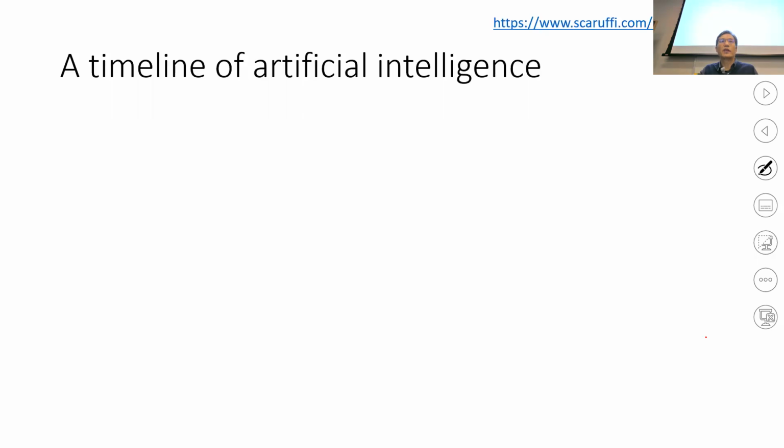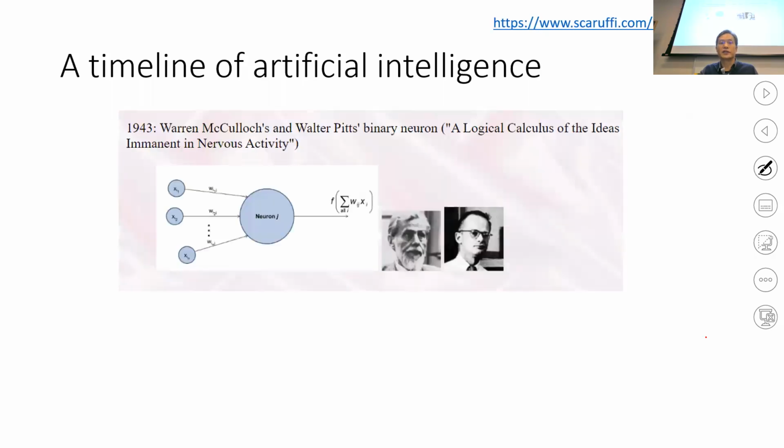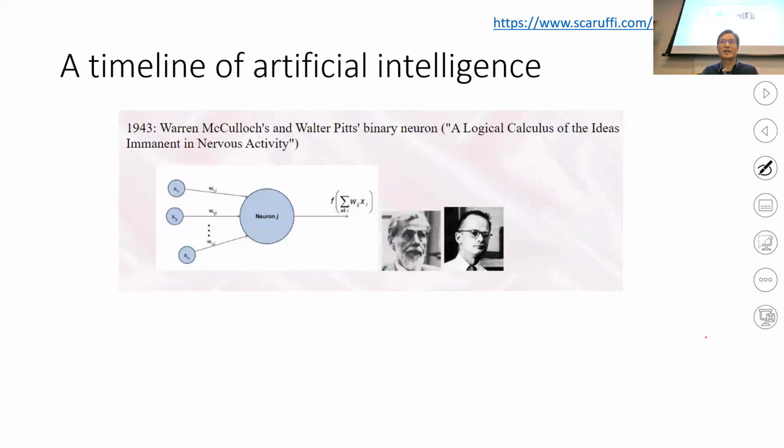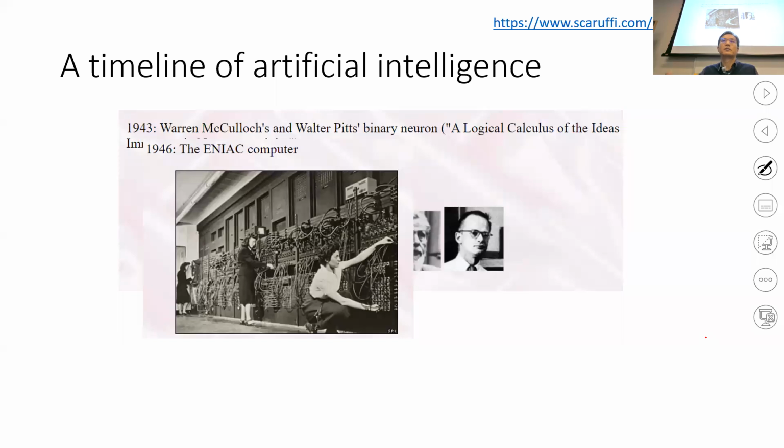Let's see when SVM was invented or created. In 1943, the perceptron, the neuron concept, was proposed. At that time, the computer we had was large enough to occupy a whole room. So you see the concept was proposed even earlier than you had a portable machine.